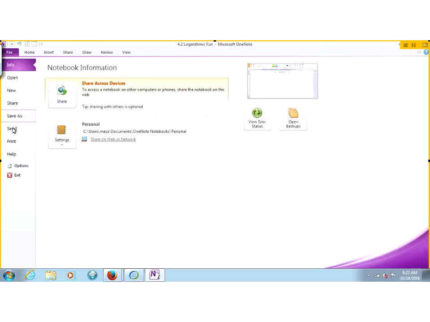I saw that there is a share here, file share. Is it easy to share it? Or share across device? Or send it? Like, how do I share it? Can I put it on Google Drive so you guys can access it or something?